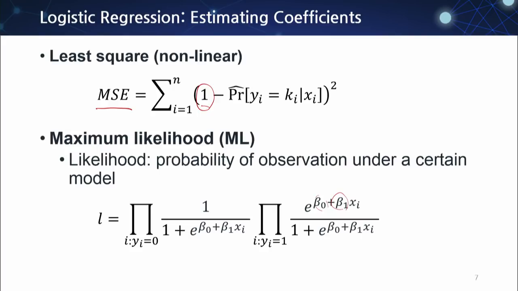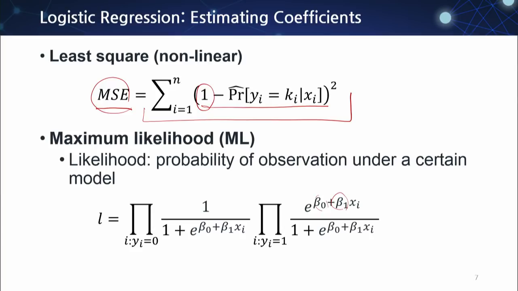So, in this case, the MSE of the probability can be written with 1 minus the estimated probability to be K. So, in the least square case, this MSE can be defined in this way. So, we want to minimize this equation. It is a possible approach.